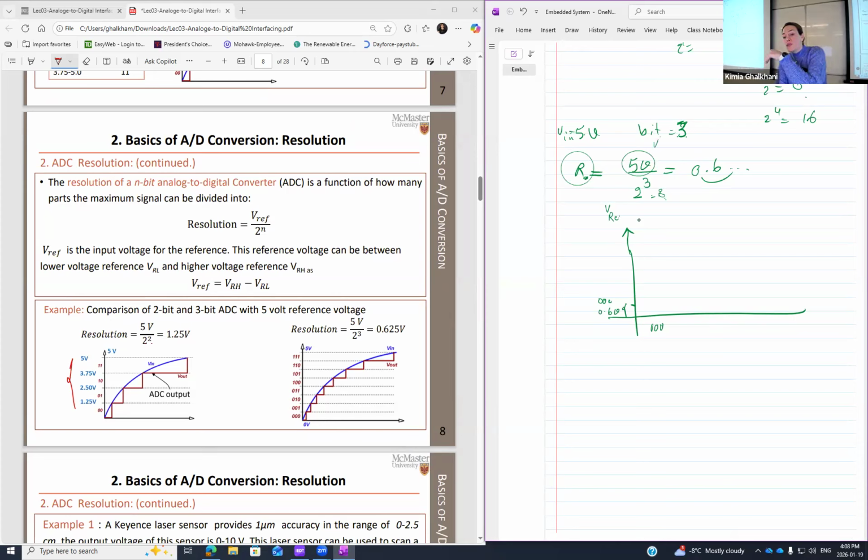That's why in here my V in and V reference, which is the VDAC, all of them are the same, and I just put 5. Because for resolution, all of them should be the same.